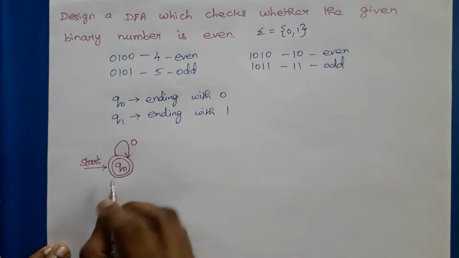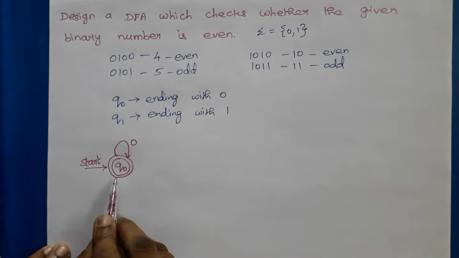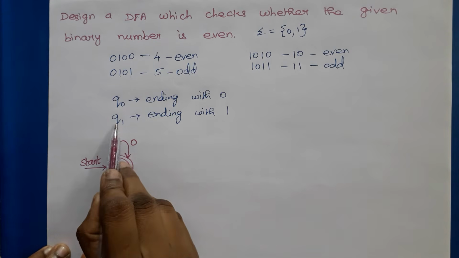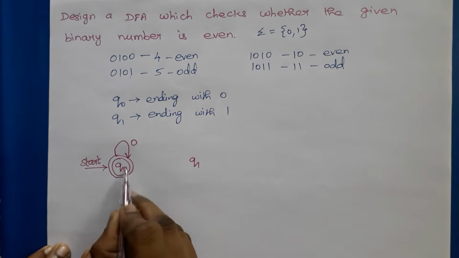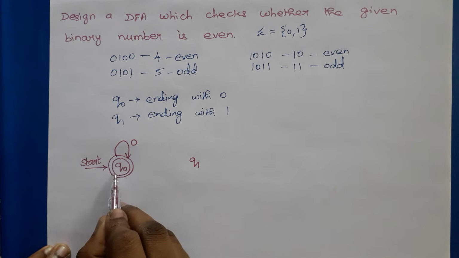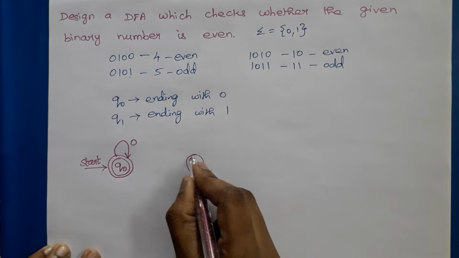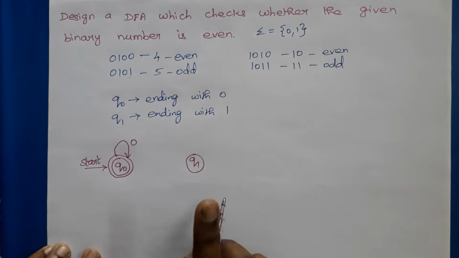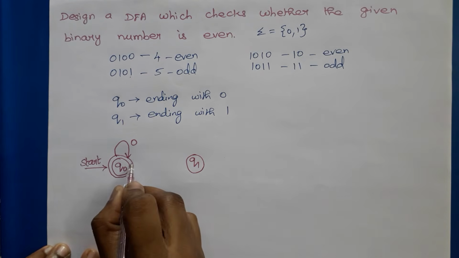Then from Q naught, 1 goes to Q1 because the string ends with 1. In Q naught, if 0 is the input, 0 is an even number, so it should go to the final state Q naught. And from Q naught, if the next input is 1, the decimal equivalent is also 1, an odd number, so it should go to Q1.